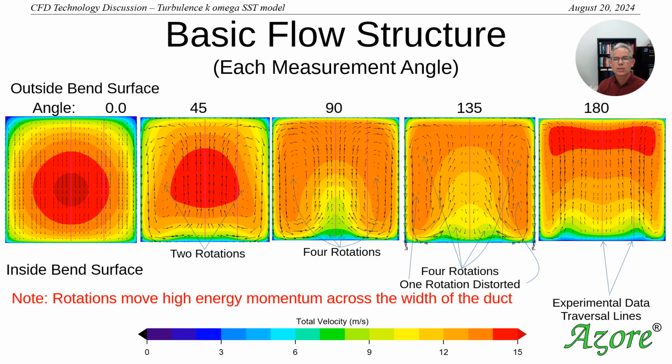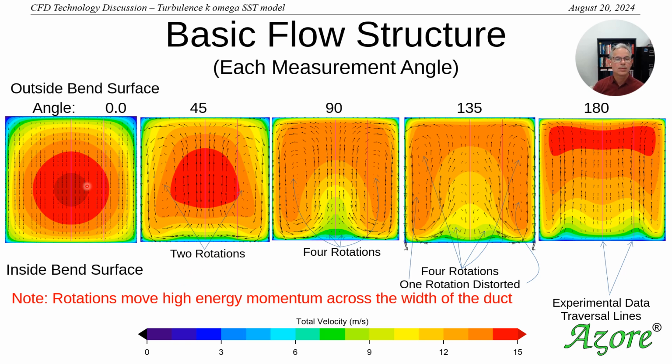So let's get familiar with how the flow structure develops as it goes around the bend, and we're going to look at the different cross-sectional nominal velocity fields here. Here is the inside of the bend surface, and this is the outside of the bend surface. So this right here is the inside and the outside, and then we have the different angles: 0 angle, that's right at the beginning of the bend, 45, 90, 135, and 180.